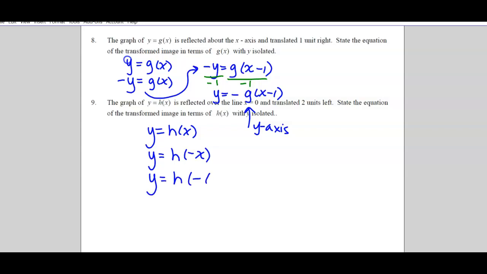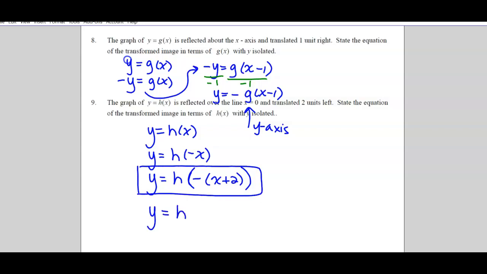So you're replacing x with x plus 2. Notice the 2 sets of brackets. So state the equation of the transformed image in terms of h of x with y isolated. So I would expect that. Or you could actually simplify within the brackets. Either one of those.